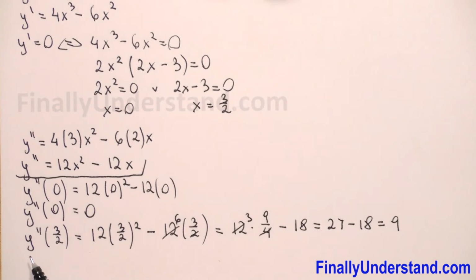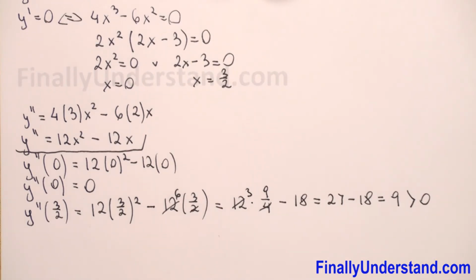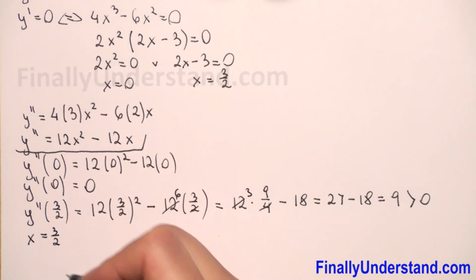This is equal to 9. So the second derivative for 3 over 2 is positive. It means we have a minimum for x equal to 3 over 2. We have to just find the y coordinate.